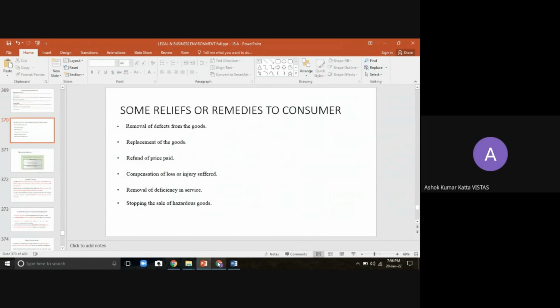Third one, a refund of the price, whatever you paid. In the second point, we saw many examples, like you are buying a product through Amazon or Flipkart or some other websites, and you can use the product for 10 days.